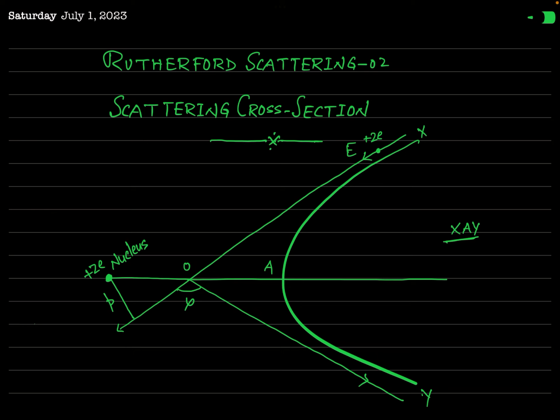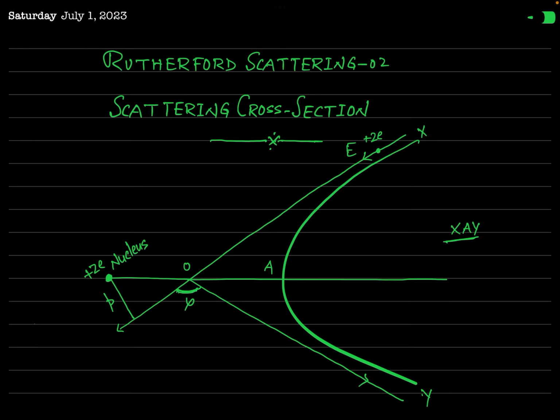You can see in this figure that XO represents the initial direction of motion of the alpha particle, and OY represents the final direction after scattering. So this angle phi, which is the angle between the incident direction of the alpha particle and its scattered direction, is called the angle of scattering.